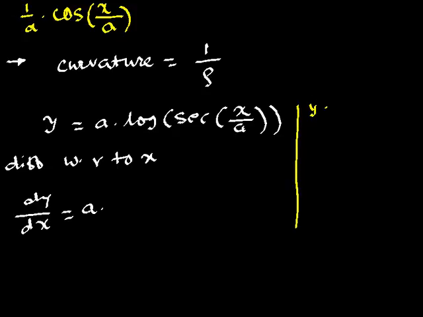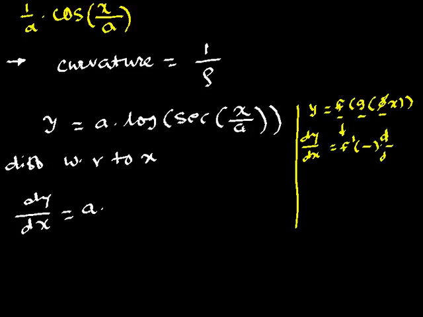If y is equal to f of g of phi of x, for example, here there are three functions: first function, second function, and this phi of x is the third function. Then while finding dy by dx, we first find f dash, differentiating the outer function, and then again the derivative of the inner function g of phi of x.